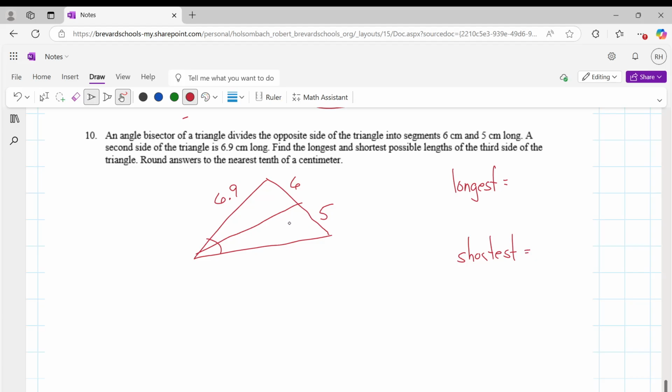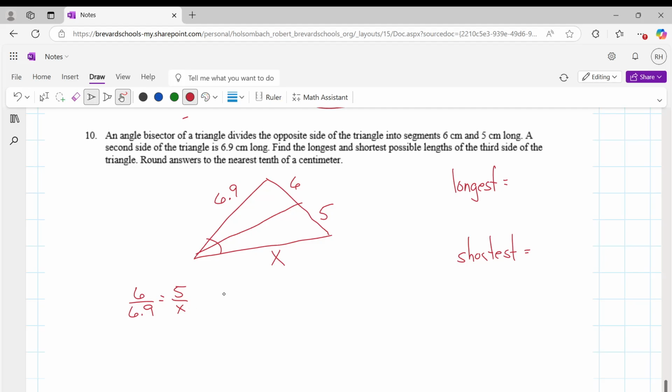So I'm going to put a variable right here, and I'm going to call it x. And what we're going to do is solve for the x when it is closest to the 5. All right? So we're going to do 6 over 6.9 equals 5 over x. Going to crisscross multiply.